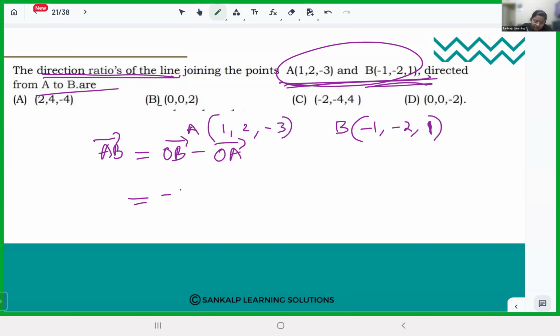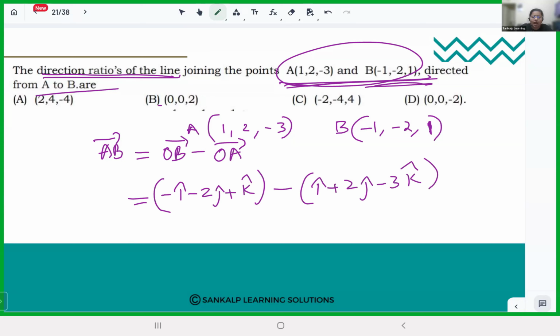It is -i -2j +k, minus what is vector OA? It is i +2j -3k.